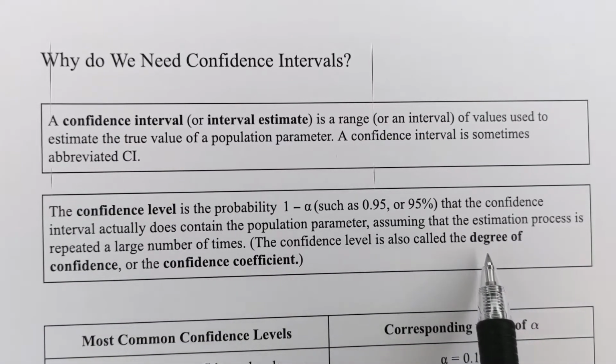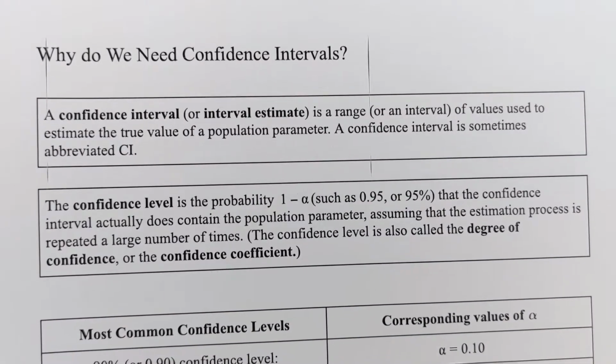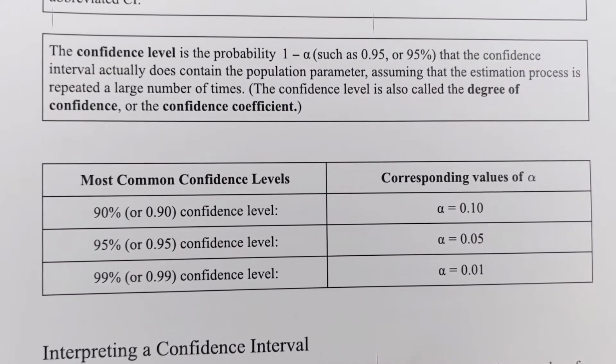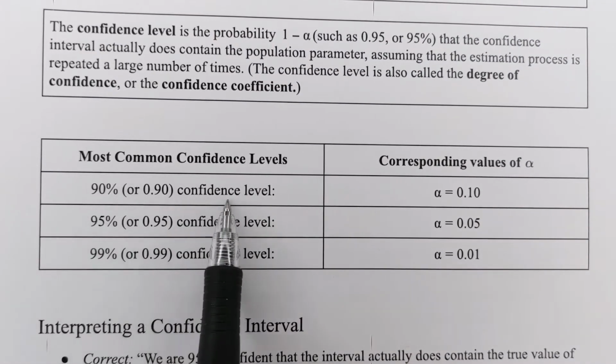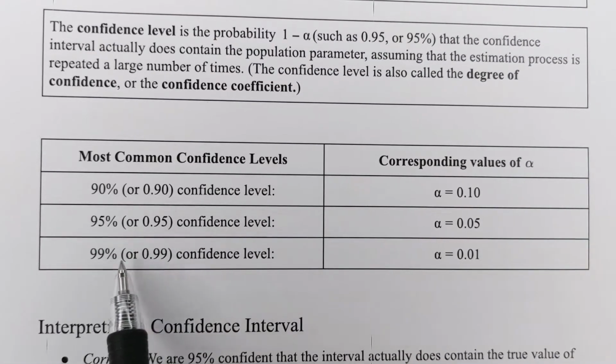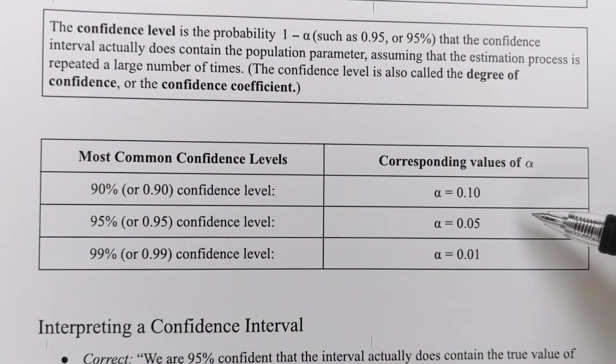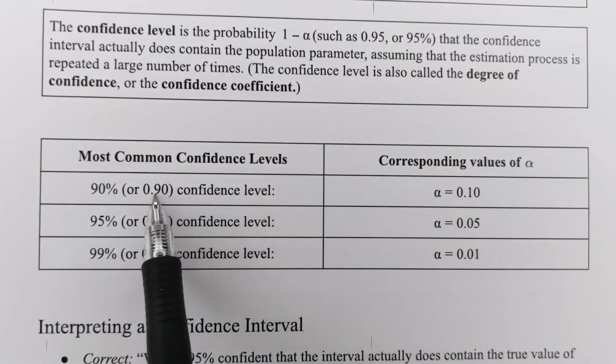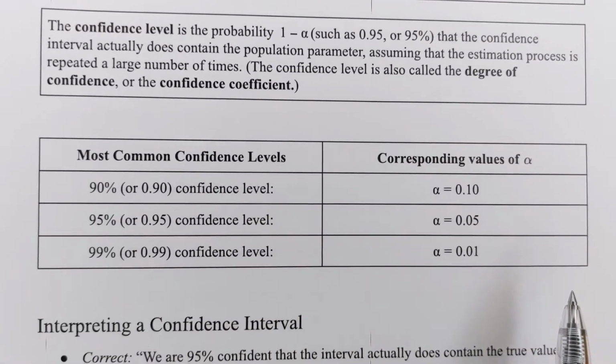The confidence level is sometimes also called the degree of confidence or the confidence coefficient. So here are our most common values: you can be 90% confident, 95% confident, 99% confident, and their corresponding alpha values. If you notice, alpha plus that number always adds up to 1.